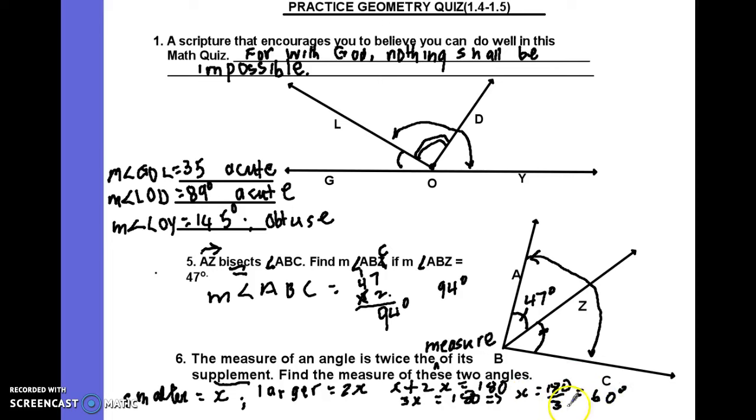So x, the smaller angle, is 60. So the larger angle is going to be 2 times x, which is 2 times 60. That's 2 times 0 is 0, and 2 times 6 is 12, 120 degrees. And you can check that 120 plus 60 will give you 180.